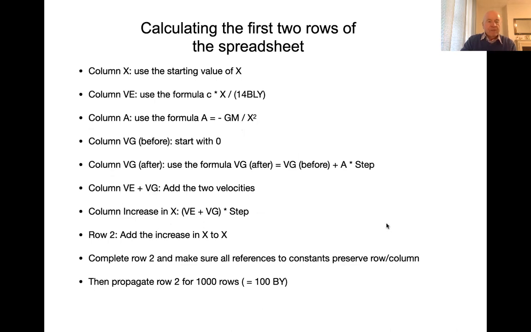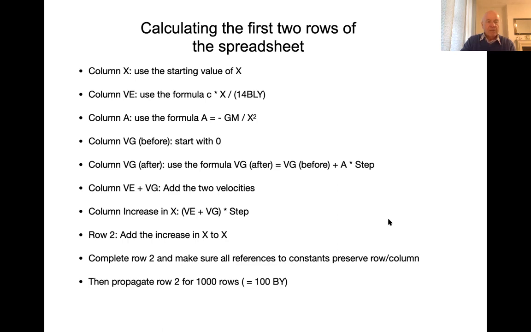So here is the description of the first 2 rows of the spreadsheet. We start off with X, which is using the starting value of X. In the column containing VE, we use the formula c times x over 14 billion light years, and that gives us the recession velocity.